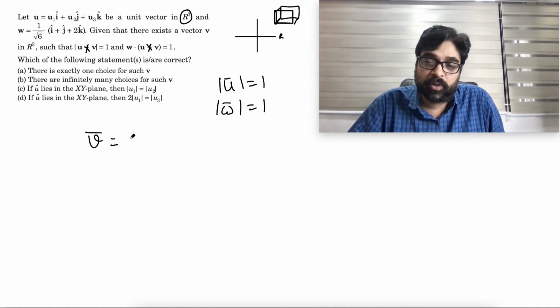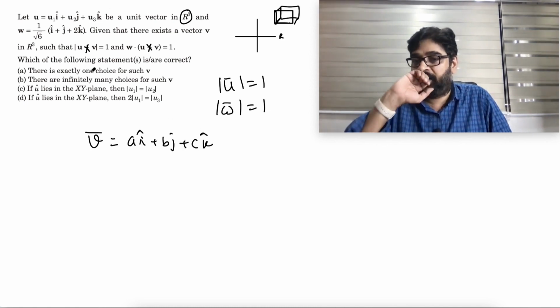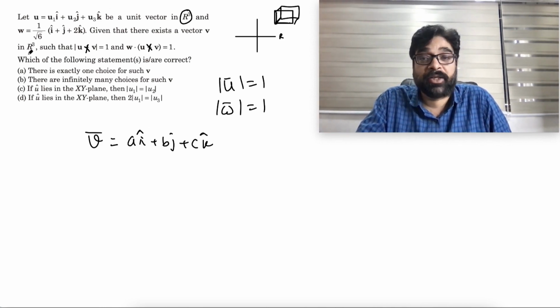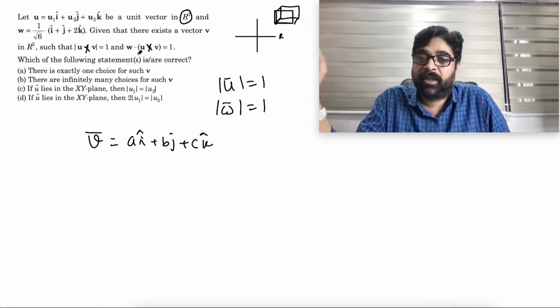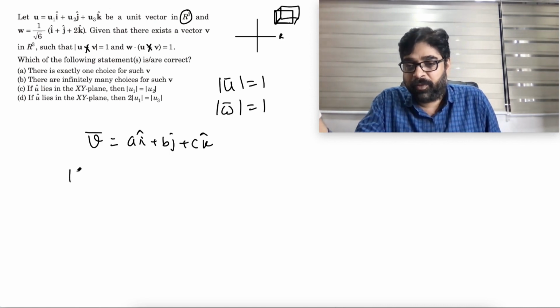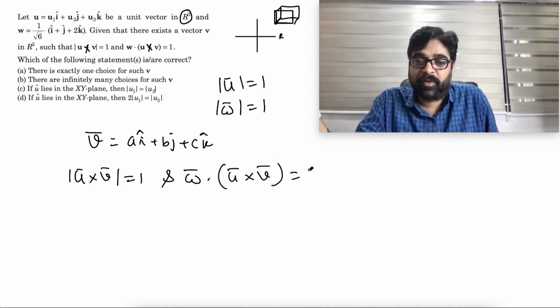Let's say V equals AI plus BJ plus CK. We have to take all 3 components because it's mentioned R cube, such that mod of U cross V equals 1 and W dot U cross V equals 1.